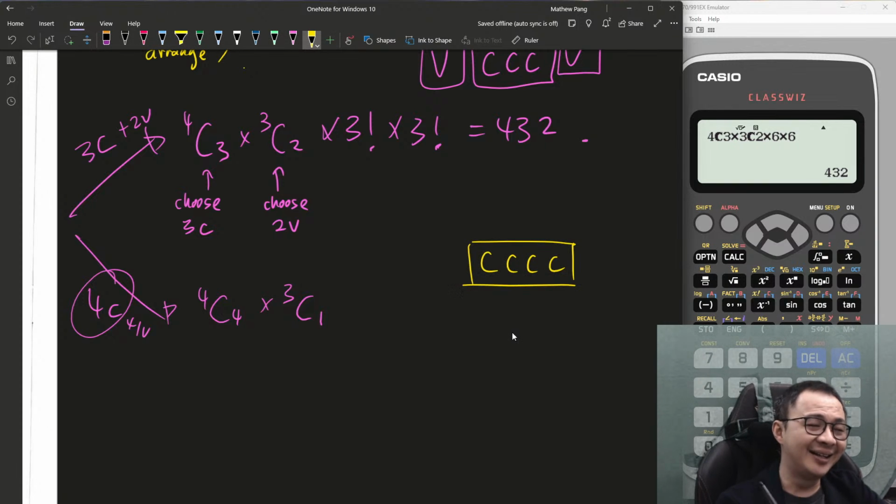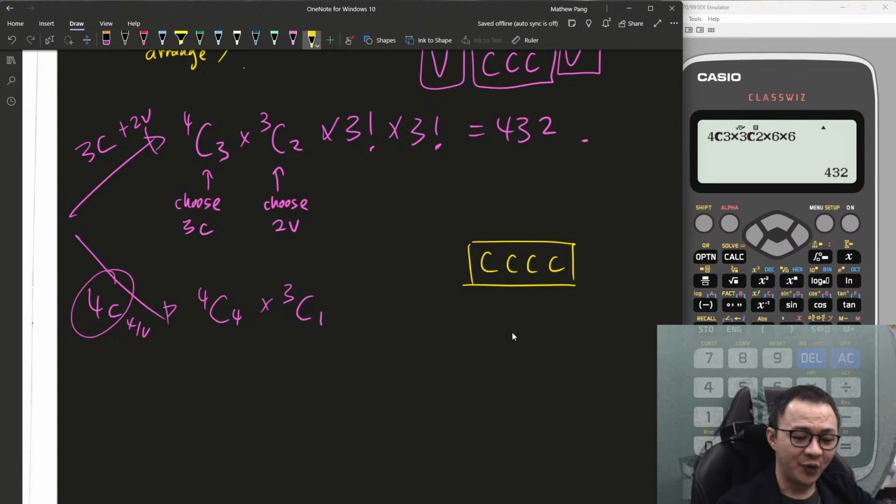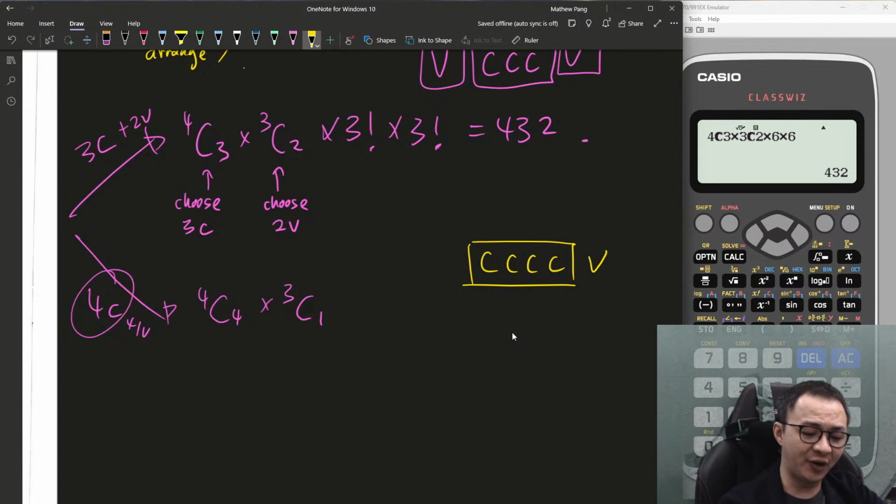Because they say at least 3 consonants side by side, right? With 1 vowel, then this one is very easy. I will arrange, okay, this one, the V and C, I can swap place only, right? So it's 1, I arrange 2 of them. So it's 2 factorial. And all the consonant inside, I can still arrange among themselves, right? So it's 4 factorial.